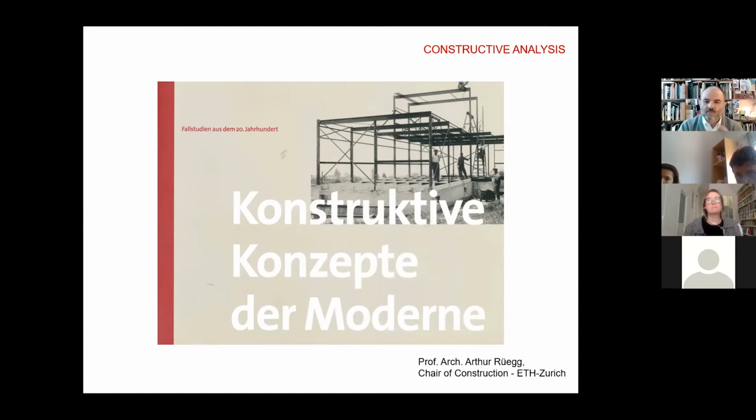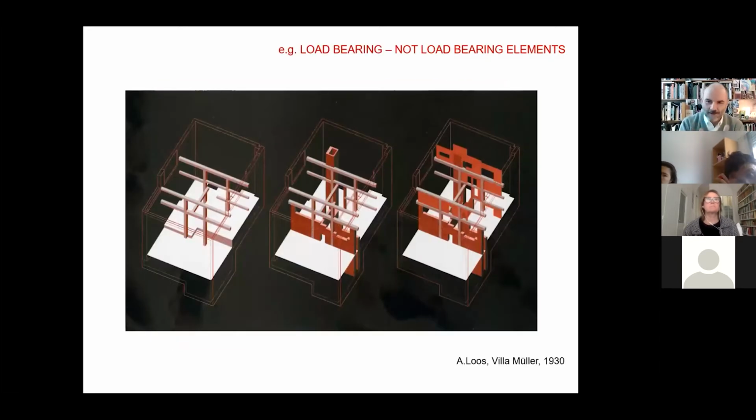And this book is very interesting from my point of view, by Professor Arthur Ruegg, quite famous. He was the full professor at ETH Zurich in the chair of construction. For example, this is only one page of this very interesting book.